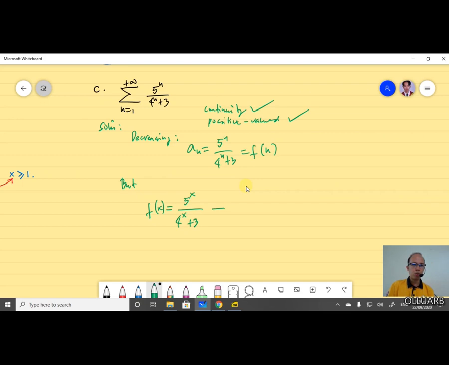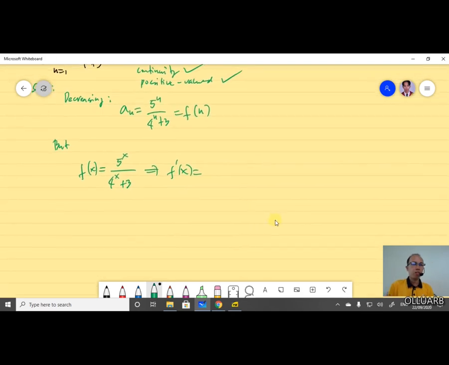So what is the derivative of this function? Remember that this is the quotient rule. So we have 4 to the x plus 3 squared.